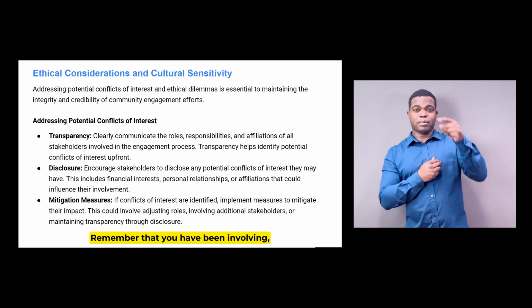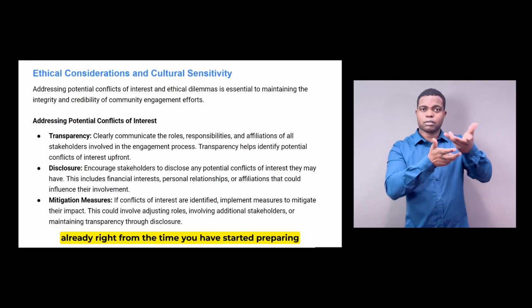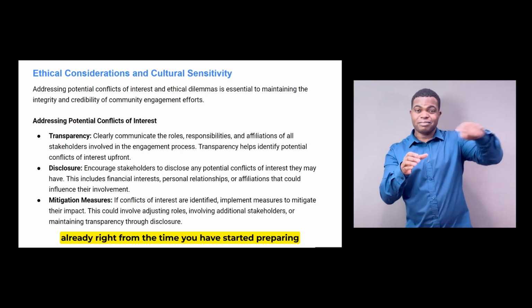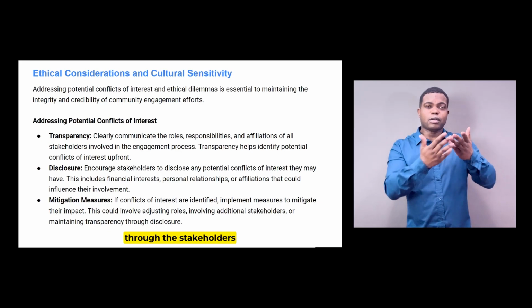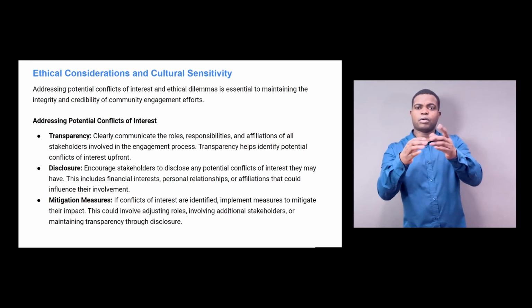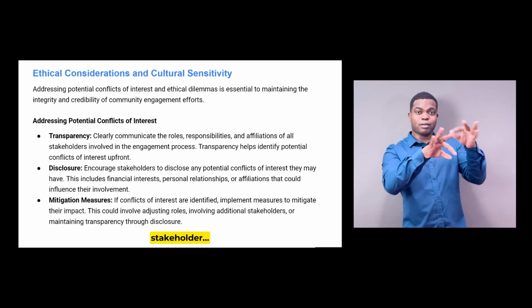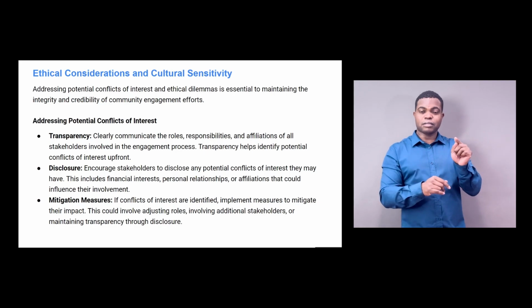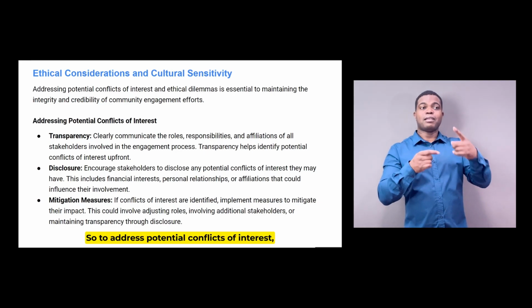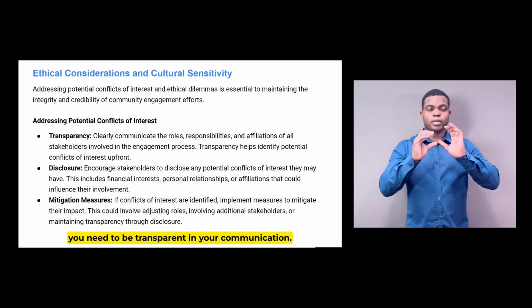Remember that you have been engaging the stakeholders already, right from the time you started preparing for your community engagement, through the stakeholder identification, stakeholder analysis, and the needs assessment that you have conducted. So to address potential conflicts of interest, you need to be transparent in your communication.